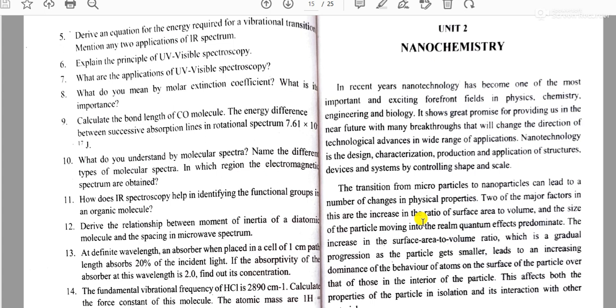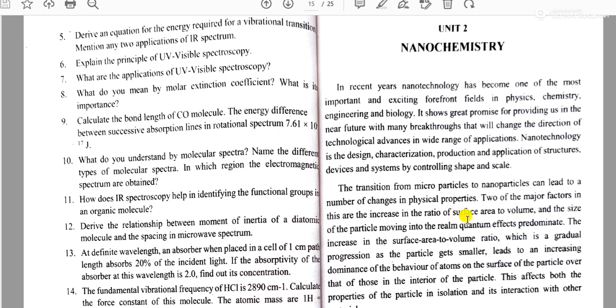As a result, the surface energy of these particles will highly increase, and because of that certain properties like improved catalytic activity will be introduced in the nanoparticle. So the reason for this is the increased ratio of surface area to volume.